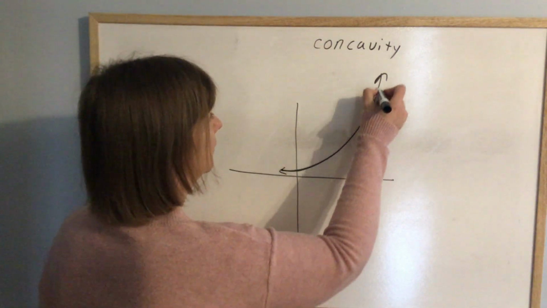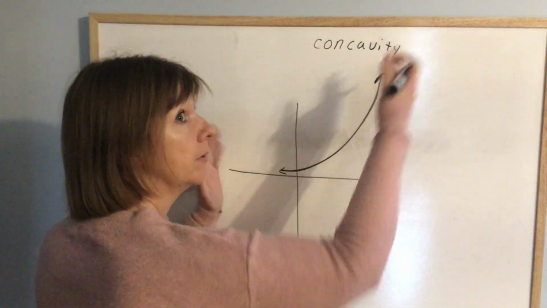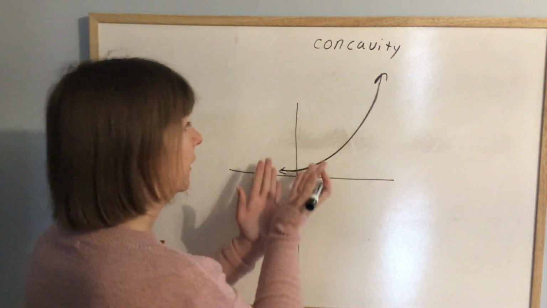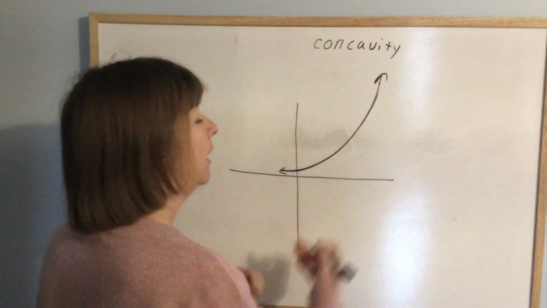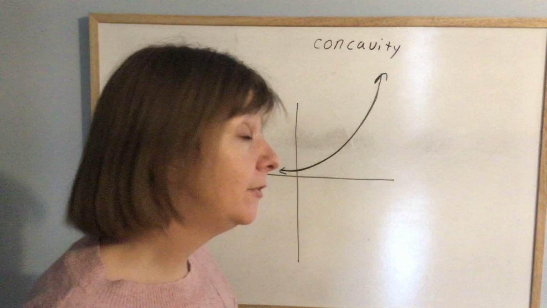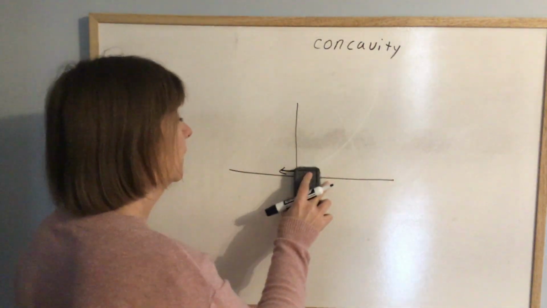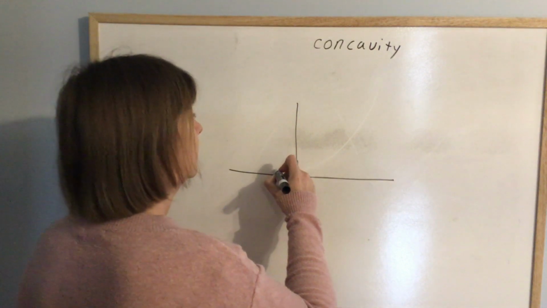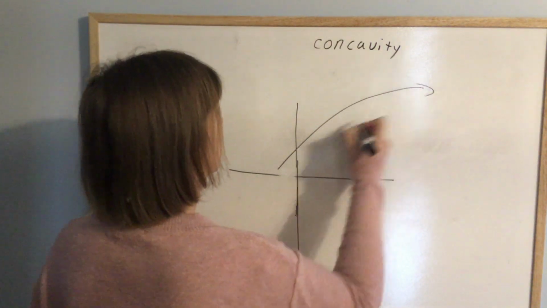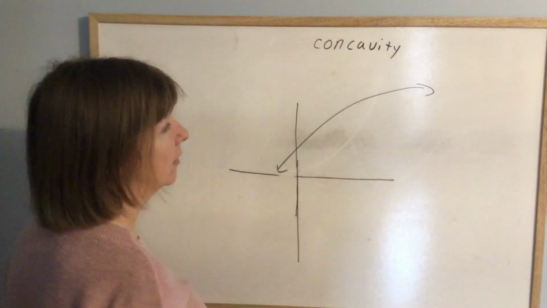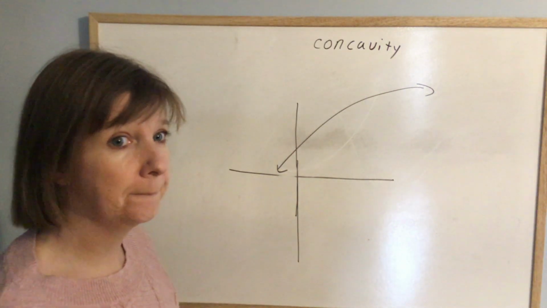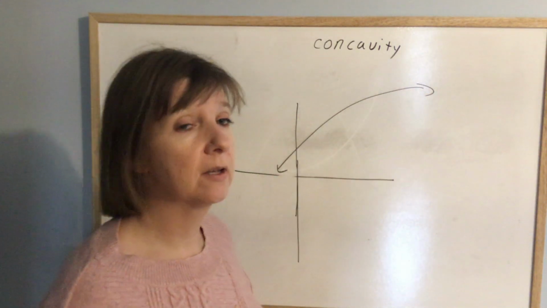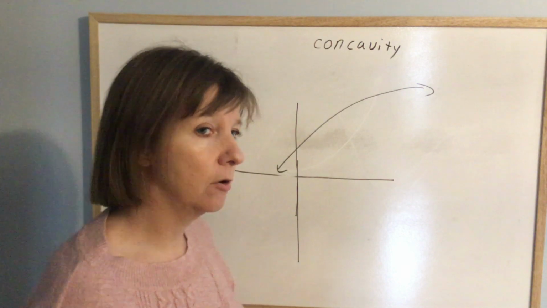This would be considered concave up because it's like a smiley face, right? It's going up. Concave down, I can still draw a graph that is increasing, but this one is slightly concave down. Still always increasing, but it is concave down.